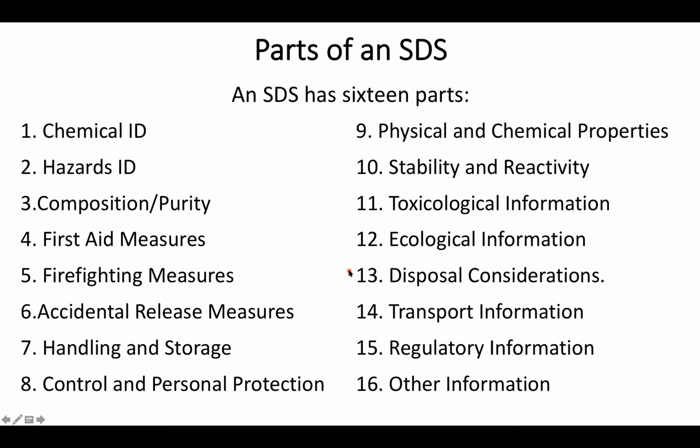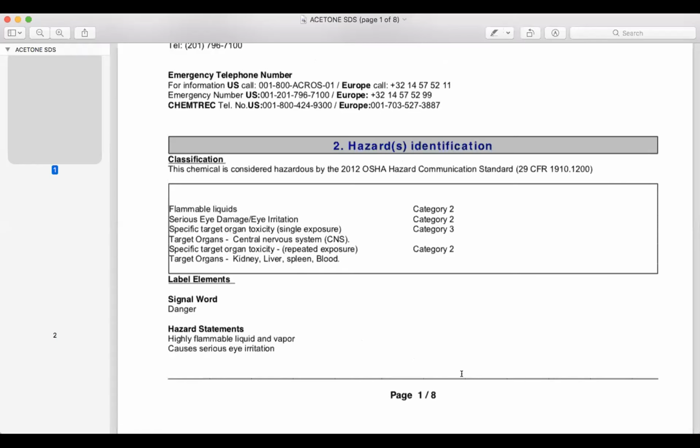So as you may have noticed, the SDS is one of the most complete sources of information you can go to if you need help knowing what sort of dangers you may have using a new chemical. So let's go ahead and take a look at an example SDS sheet.